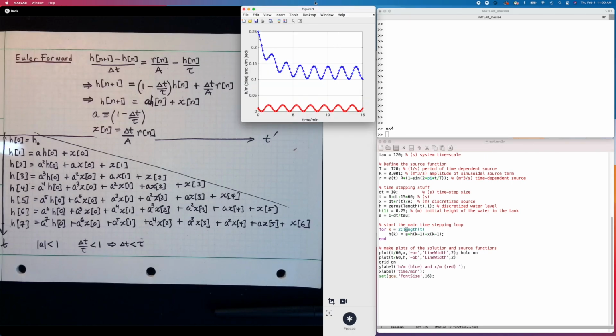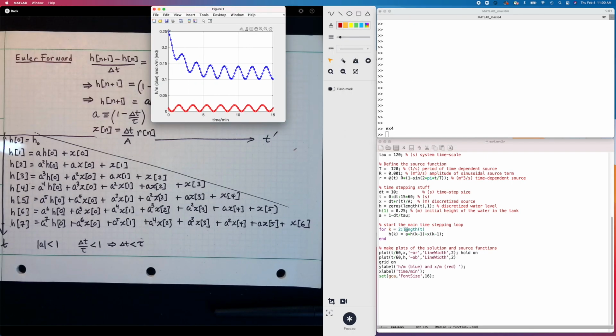And so you can see the solution. At first, the water level is 1/4 meter, and it drops, and then eventually it settles in on some steady state condition, oscillating between 0.1 and 0.15 meters height.